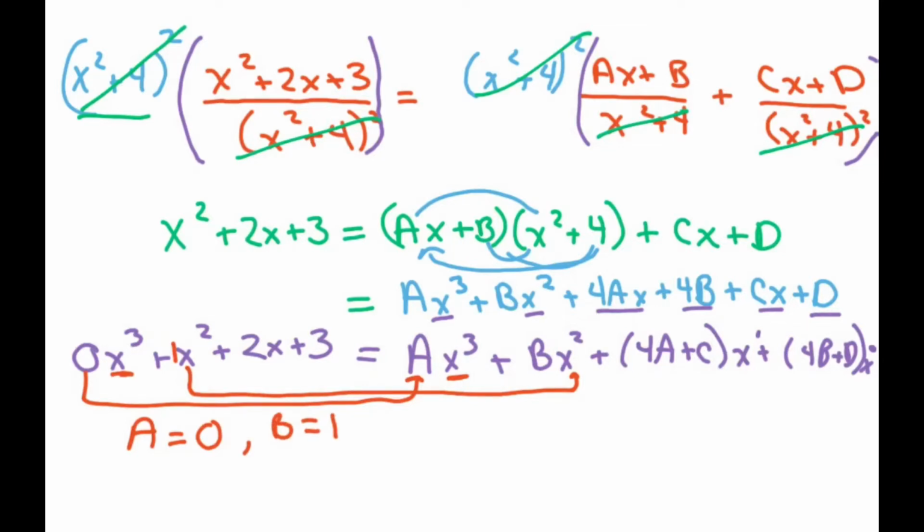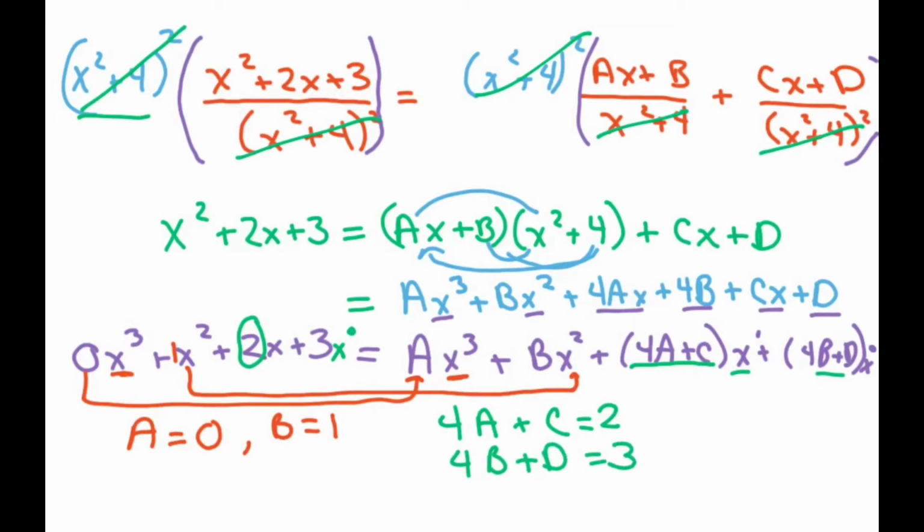Right, and then what I'm left with is, for my x to the first place, I get 4a plus c equals 2, just matching it up. And for the last part, you could actually write x to the 0 here if you wanted to. I'm going to get 4b plus d equals 3.